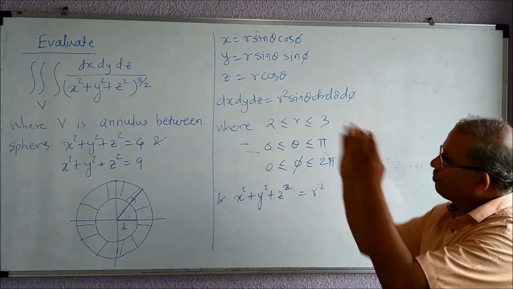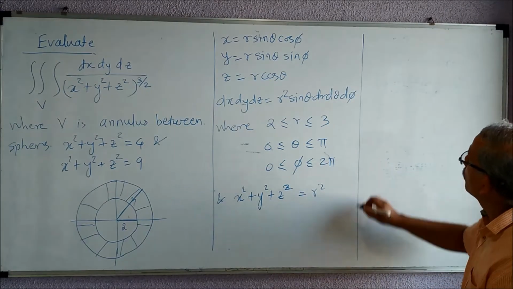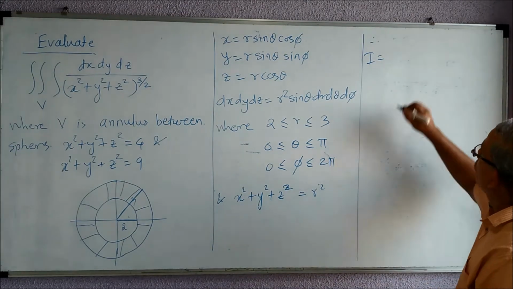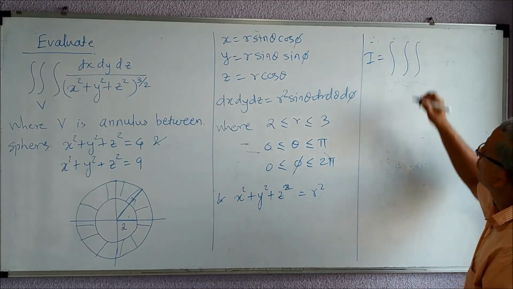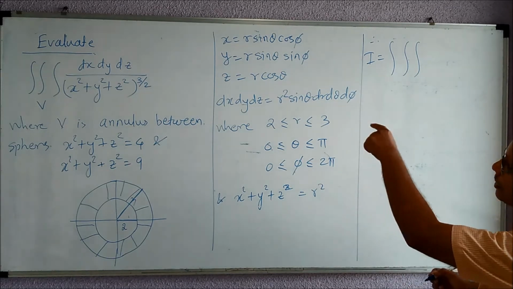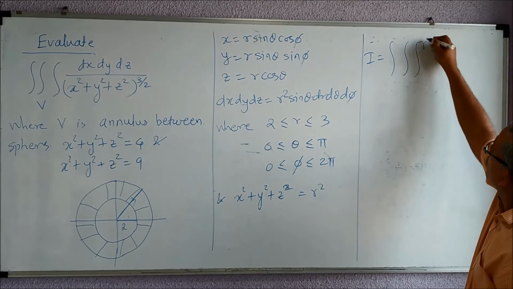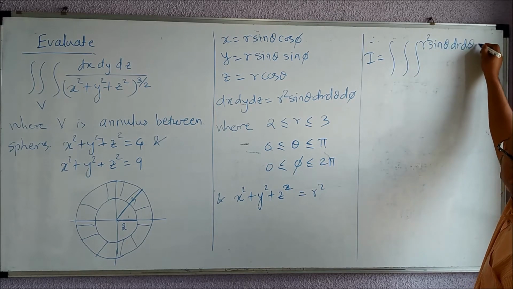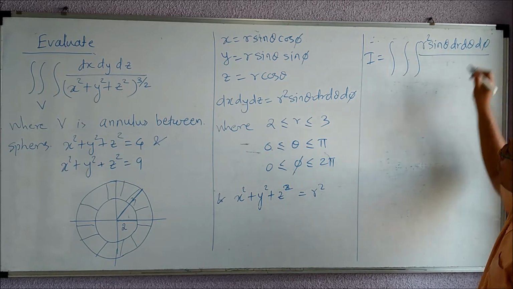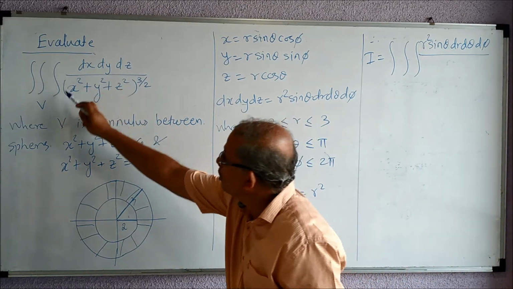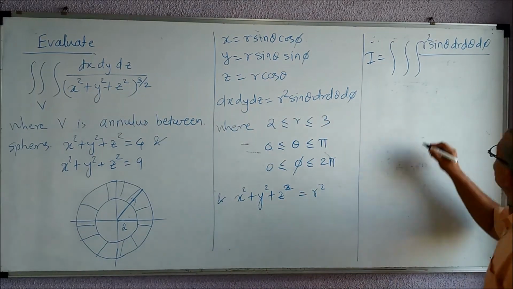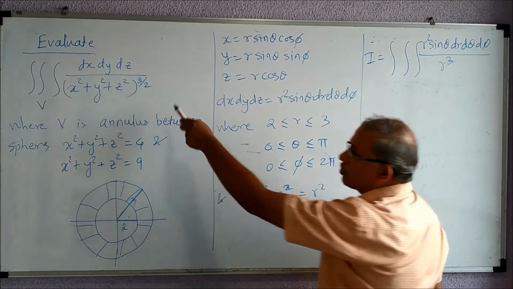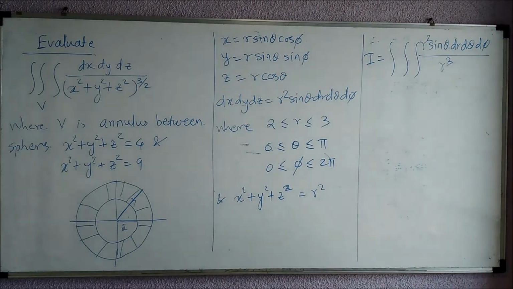Let us take everything inside the integration. Therefore, the integration is equal to a triple integration, with dx dy dz now replaced by r square sine theta dr d theta d phi, divided by r cube, because r square raised to 3 by 2, so that 2 gets cancelled and we get r cube.